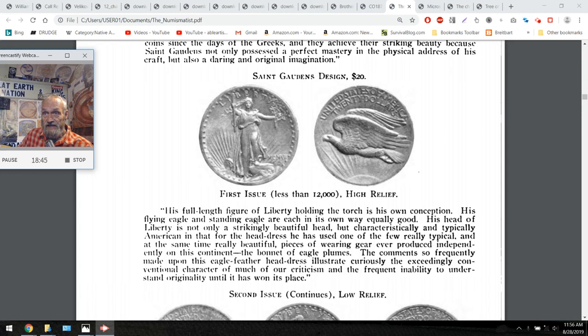His flying eagle and standing eagle are each in its own way equally good. His head of Liberty is not only a strikingly beautiful head, but characteristically and typically American in that for the headdress, he has used one of the few really typical and at the same time really beautiful pieces of wearing gear ever produced independently on this continent, the bonnet of eagle plumes.